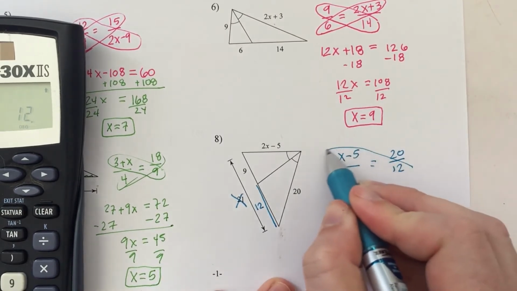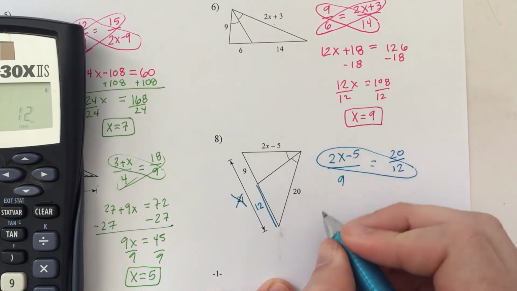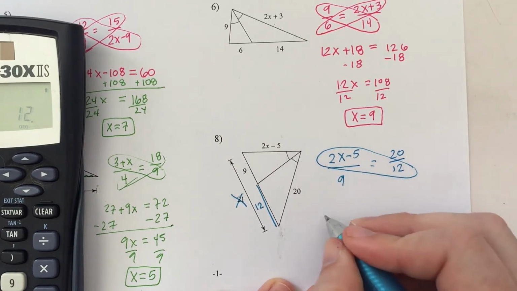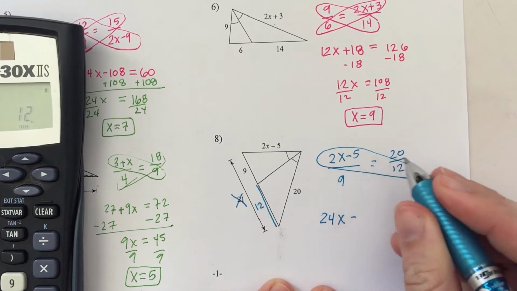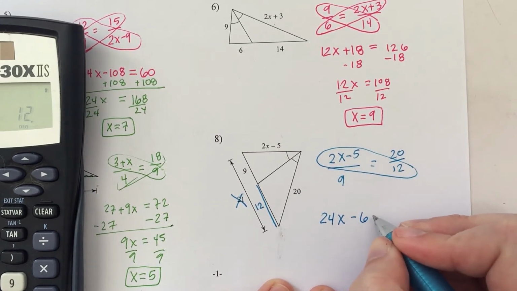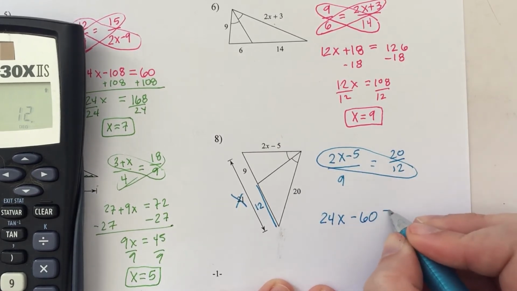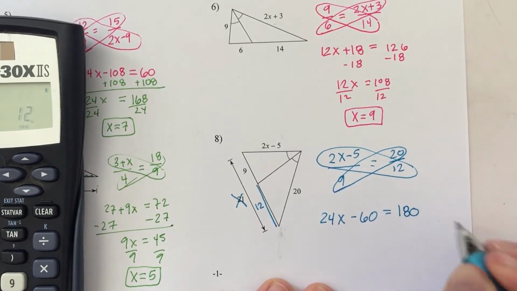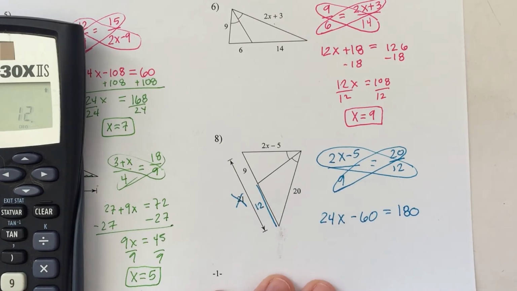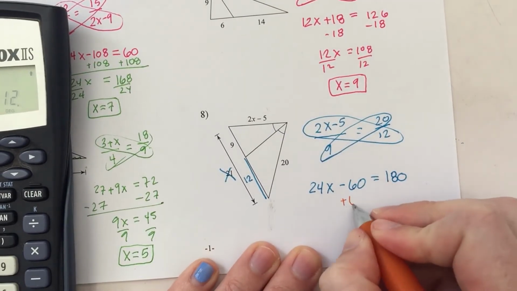Cross multiply. 2 times 12 is 24x minus 5 times 12 is 60. 9 times 20 is 180. After cross multiplying, I solve.